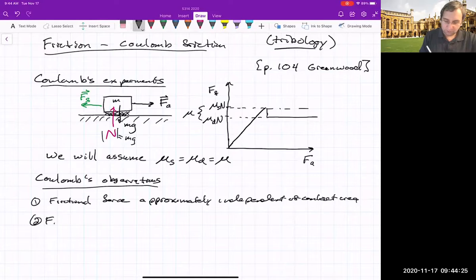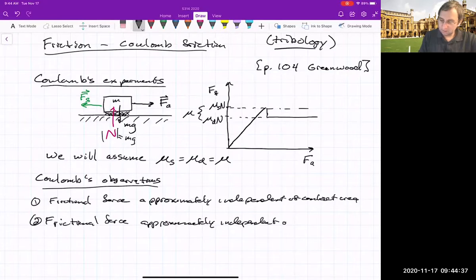So here's two major ones. It's approximately independent of velocity magnitude. The direction matters because this resists velocity. And he found that the coefficient of friction depends on the pair of materials. And that's what this thing mu is.